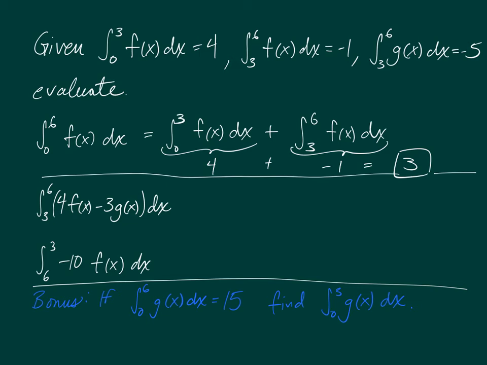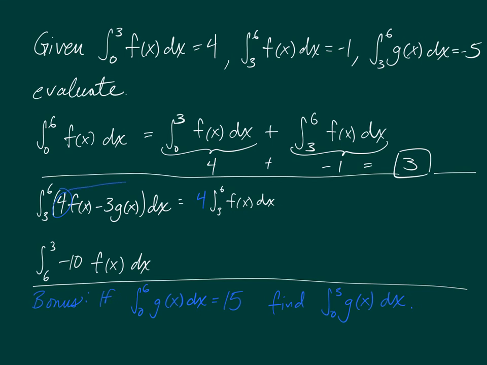For the next one, it looks like we have an f of x and a g of x. So if I wanted to parse this out exactly right, I would say the integral from 3 to 6 of f of x, because this is exactly what we know. We don't know what the integral of 4 f of x is up here, but we can use the constant multiple rule to factor out the 4 to the front of this definite integral.